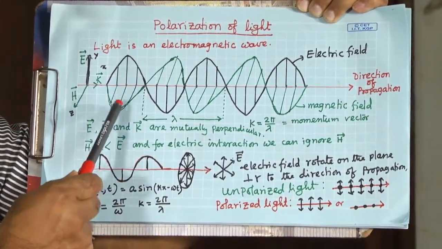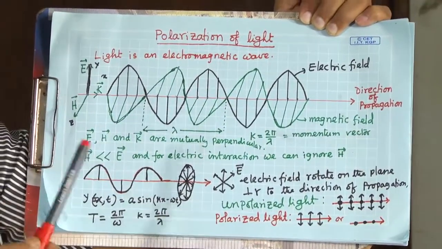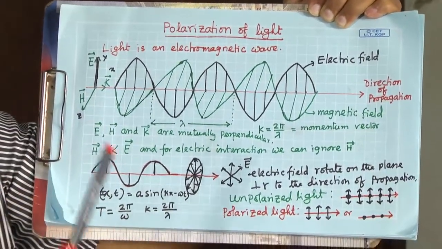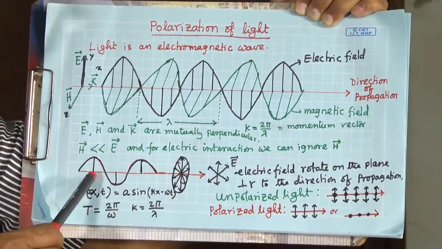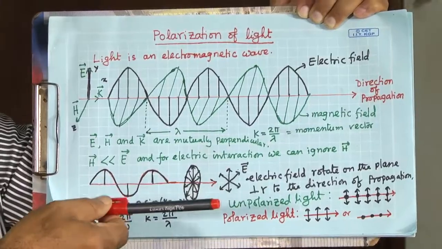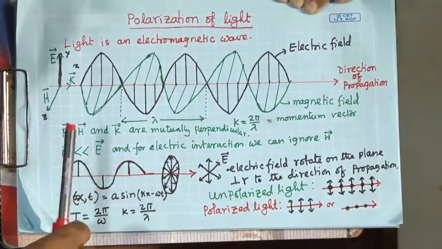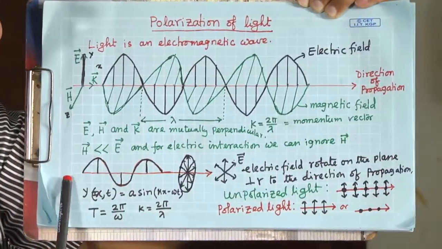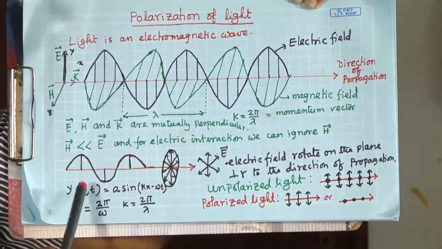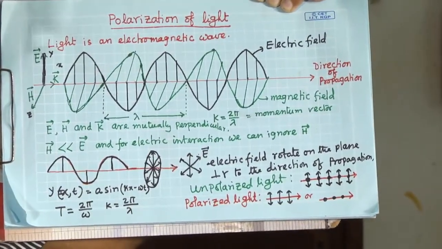Actually, the magnetic component is also varying in the same way, because they have to maintain being mutually perpendicular to each other. So, it is in a perpendicular plane, okay. So, we are neglecting that part. We can think that light is propagating in this direction and it has an electric component, varying like this, right.